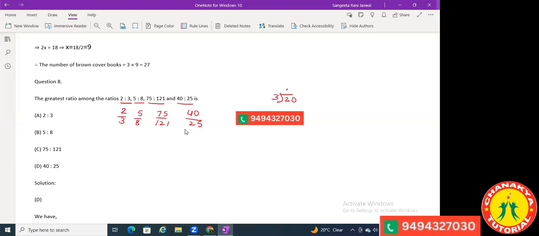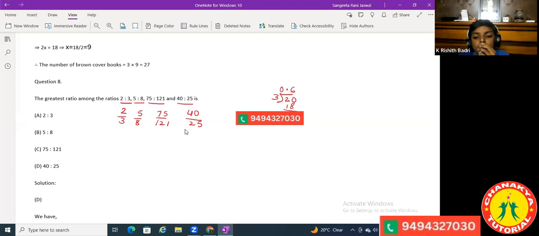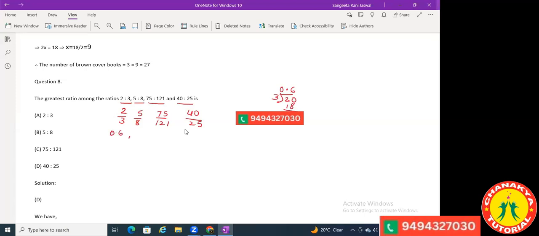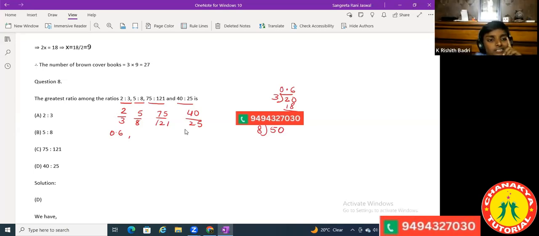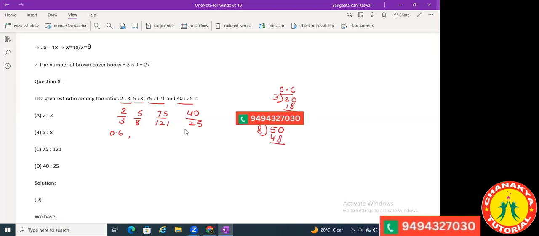Then 2, 3, 6 is 8. So again, I will get 8 again. So I find one decimal place. This is 0.6. Now the other decimal will be 5 divided by 8. So you get a decimal point here. Now what will you do here? 6 8 is 48. So this is again 0.6.